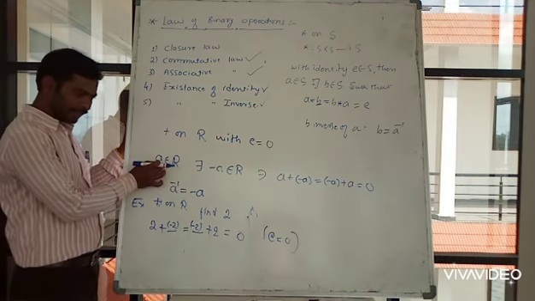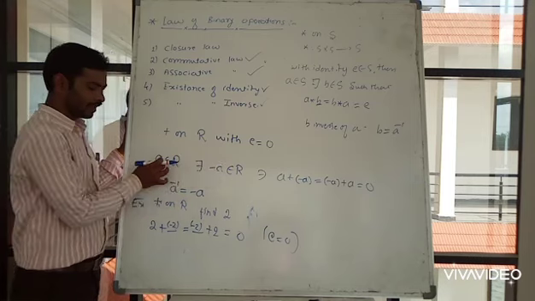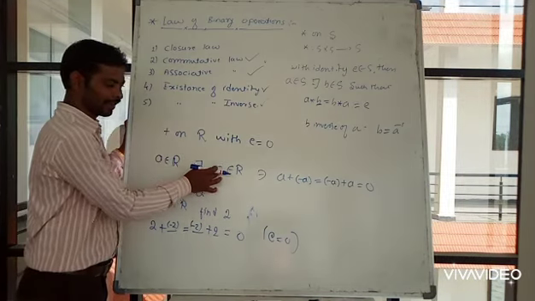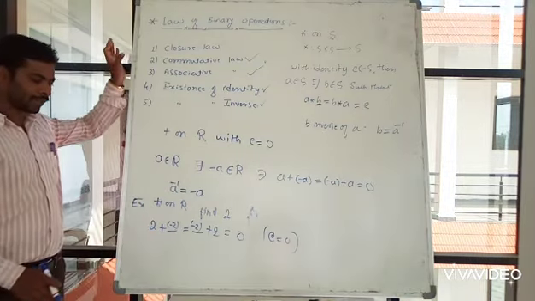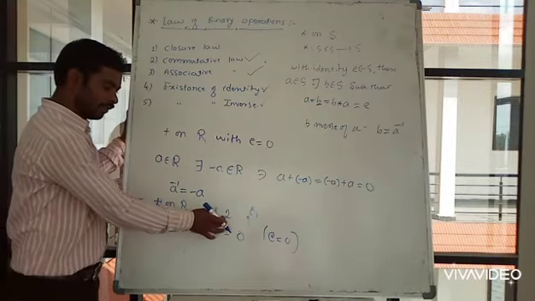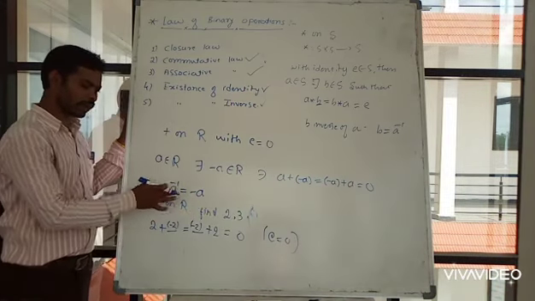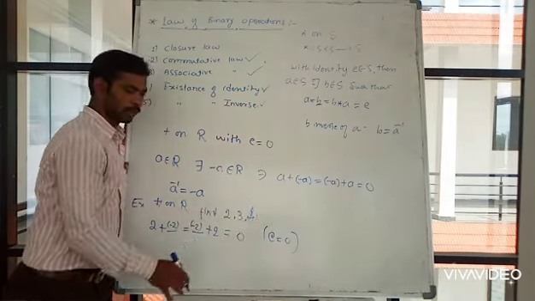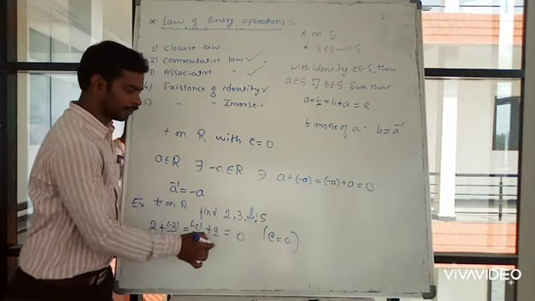Similarly, if A is any real number, minus A is called the inverse of A, because A plus minus A is equal to our identity. The inverse of 3 under the addition operation on the set of all real numbers is minus 3. Inverse of 4 is minus 4. Inverse of 5 is minus 5.